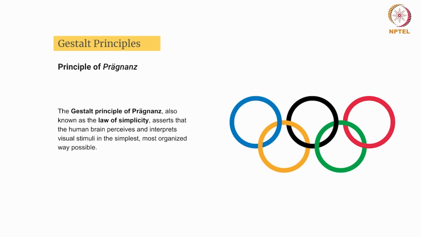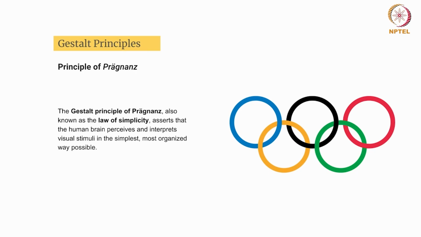Also known as the law of simplicity, it asserts that the human brain perceives and interprets visual stimuli in the simplest, most organized way possible. This means that when presented with complex or ambiguous images, our mind tends to reduce them to their most basic form or patterns. So let's take the example of this Olympic logo.